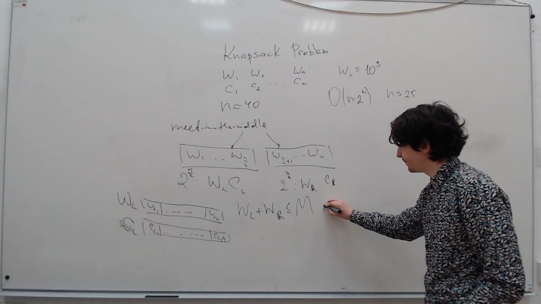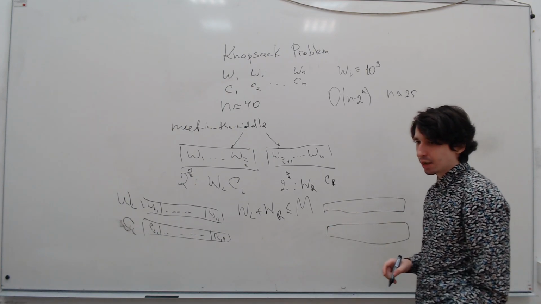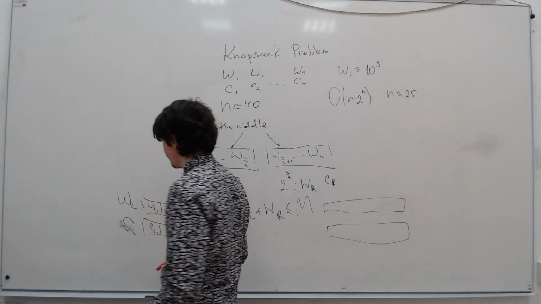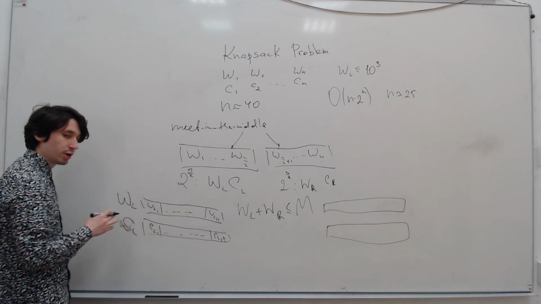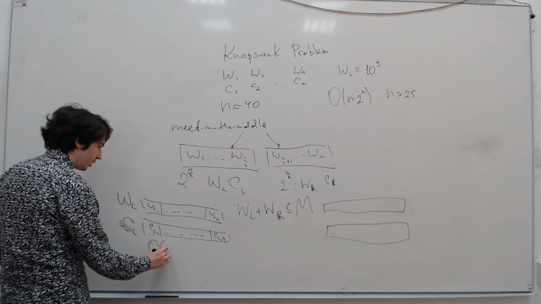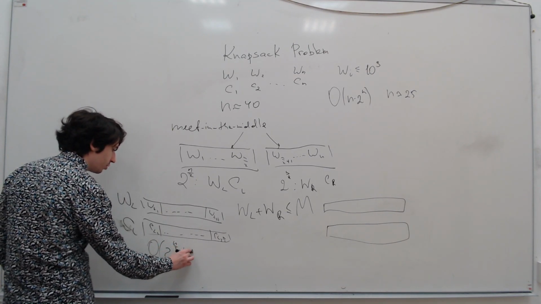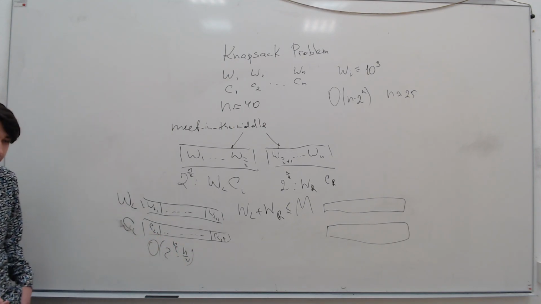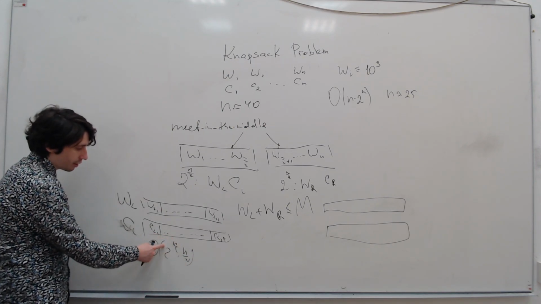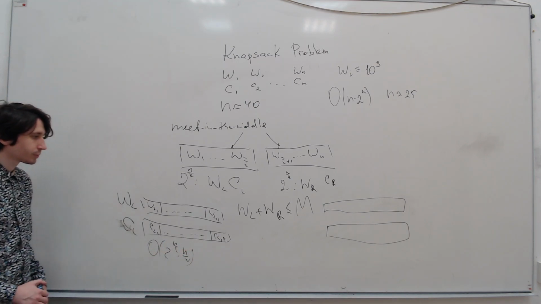The same here. Suppose now that we sorted them in the order of increasing w. So it is O of 2 in the power n over 2 multiplied by n over 2, because this is n log n: the length is 2 in the power n over 2, and the logarithm of it is n over 2.